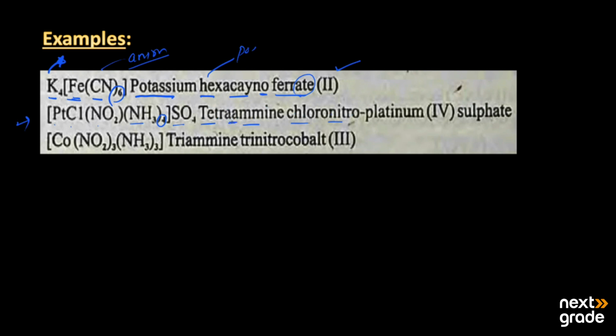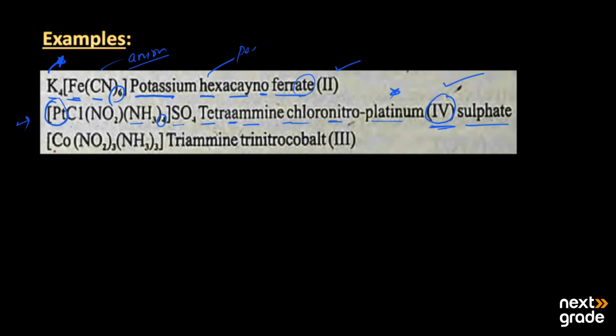Because A comes first alphabetically, then C for chloro, and then N for nitro. At the end, we name the central atom, which is platinum, and then the oxidation state of platinum, which is IV in Roman numerals, and it must be written in parentheses, and at the end the sulfate. So this is a simple way to name the complex compounds.